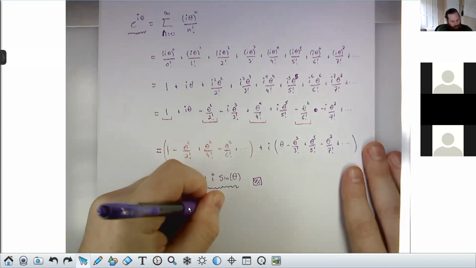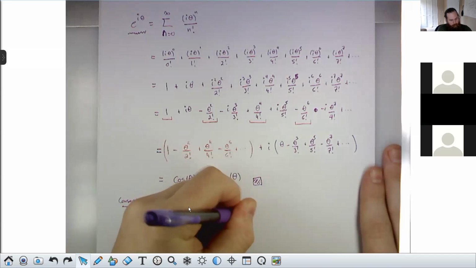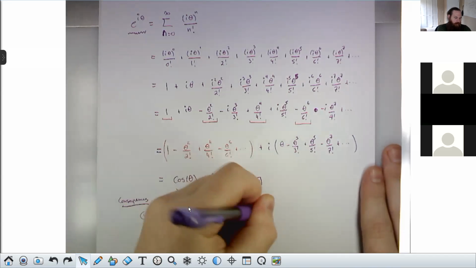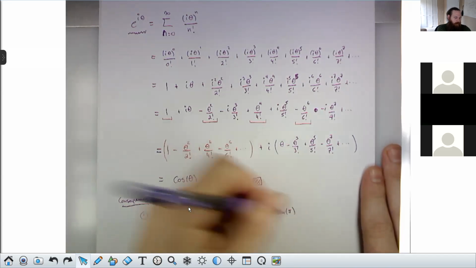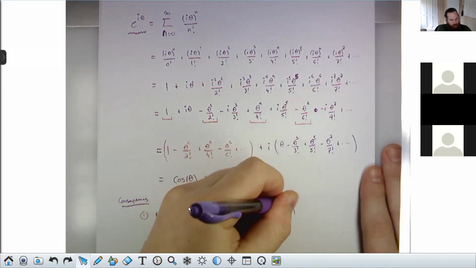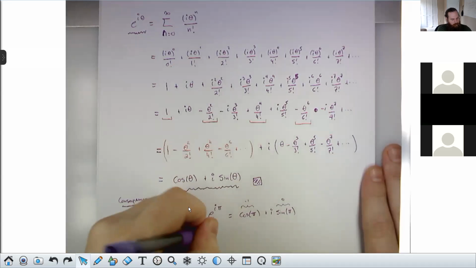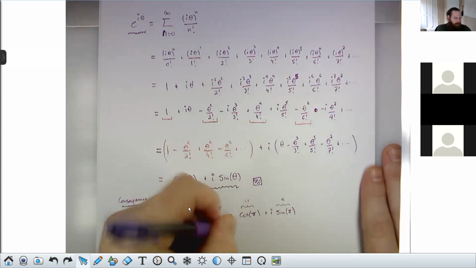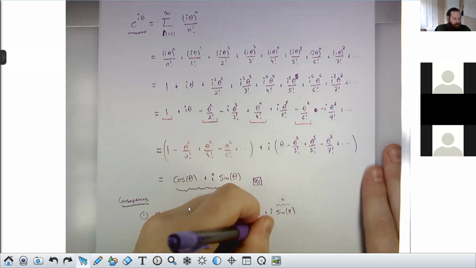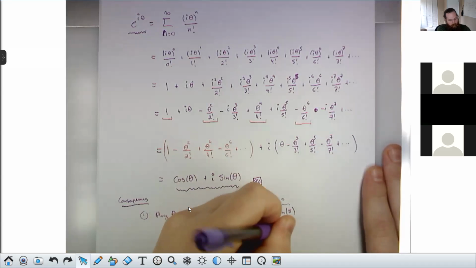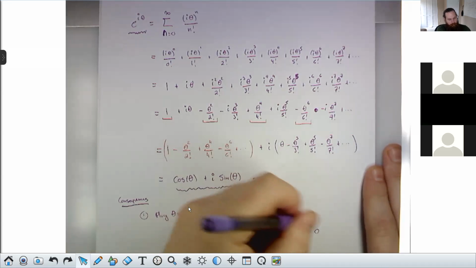Well, e to the i pi, according to this result, should be the cosine of pi plus i times the sine of pi. The sine of pi is 0, and the cosine of pi is -1. So it says e to the i pi equals -1. And another way to say that is e to the i pi plus 1 equals 0.